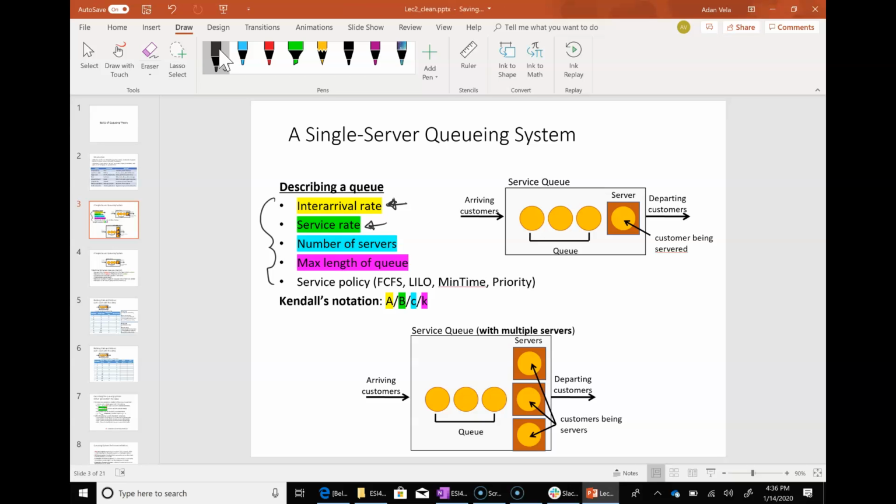All right. Another thing that's kind of important when we start talking about queuing systems is the number of servers. Typically we might think a service queue has one server, but there are certainly examples where we have multiple servers and one line. An excellent example of this is when you check in at the airport.